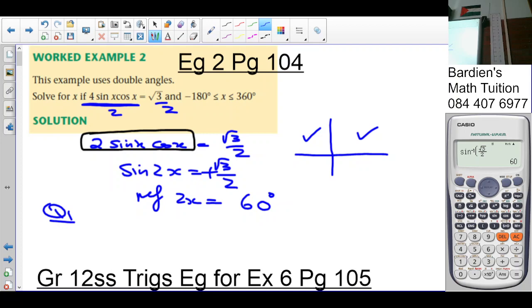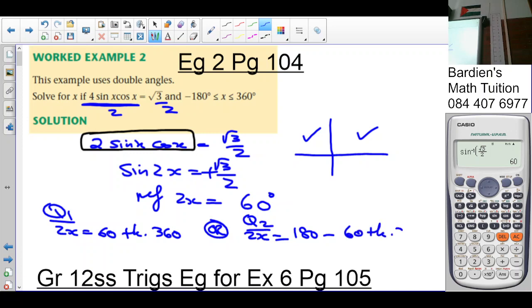Quadrant 1 is going to be 2x is equal to 60 plus k times 360 degrees. Or how do we get into quadrant 2? Quadrant 2, 2x is equal to 180 minus 60 plus k times 360, where k is an element of integers.